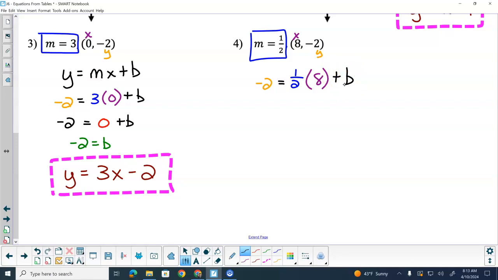So remember, we can always break that out. We can go 1/2 times 8, and we can put the 8 over 1, right? We multiply across, right? 1 times 8 is 8. 2 times 1 is 2. 8 divided by 2 is 4. Okay? Sure.